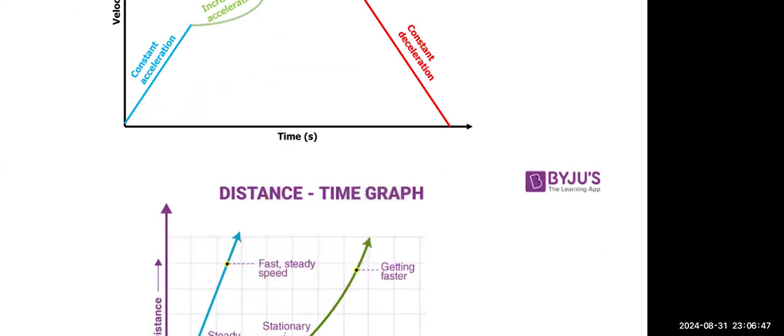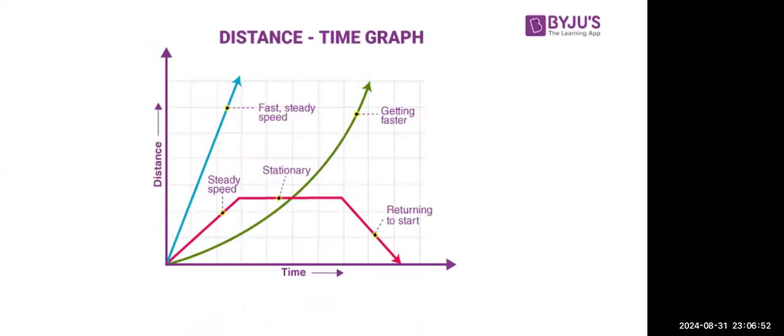Now one more example. This is related to the distance-time graph. Look at this first, second and third curve. We have three curves here. If you look at this blue line, this is a straight line. I have told you that in a distance-time graph, when you see a straight line, it means the body is moving with constant speed.